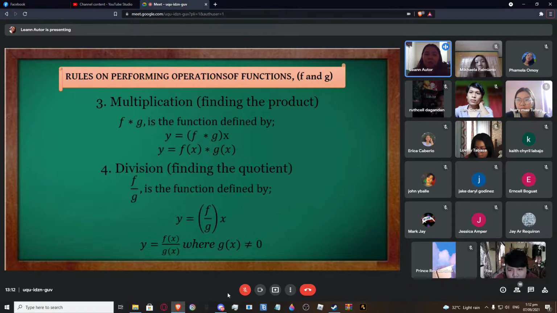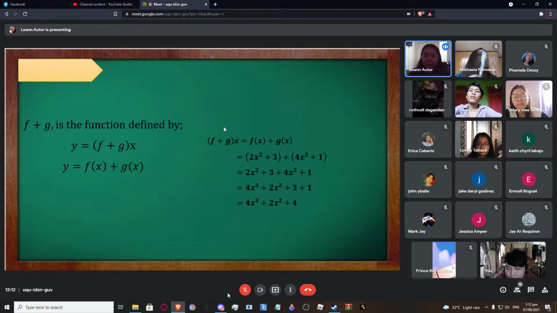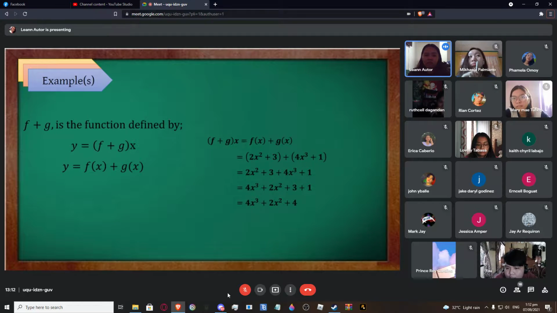Okay. So now we are going to apply these rules on performing operations by solving. Okay. So we have here an example of how you are going to find the sum of a given function.